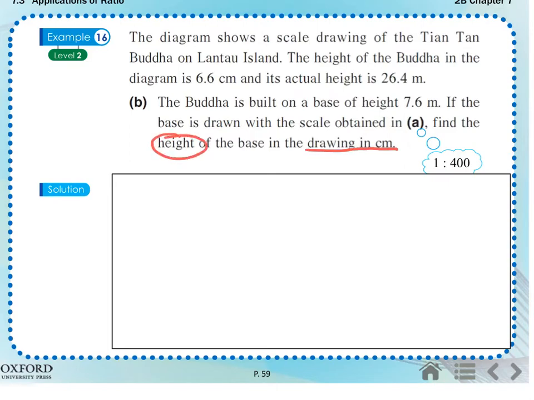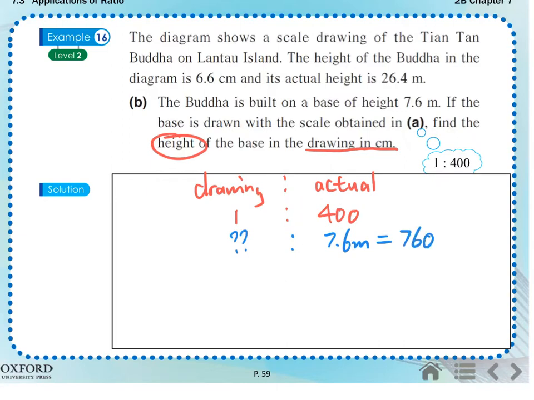So let's recall the scale. The drawing versus the actual. So now we have 1 to 400. And now it comes to the question part. We want to find out this one. And then we know the actual is 7.6 meter, which if I convert to cm means 760 cm.